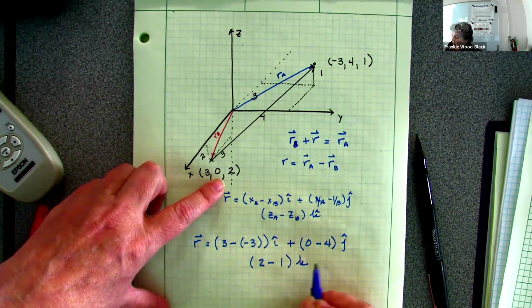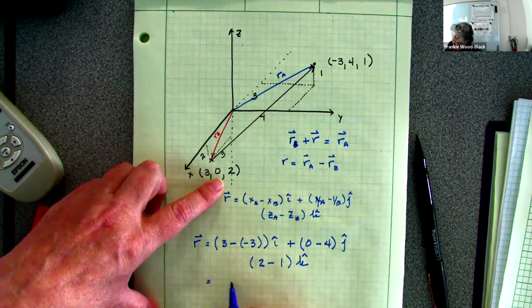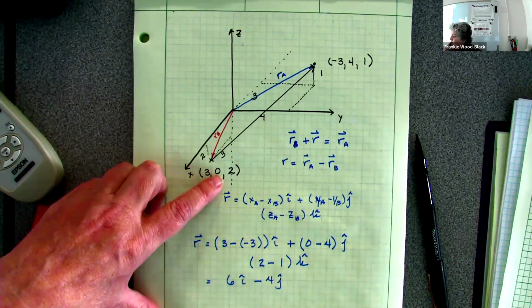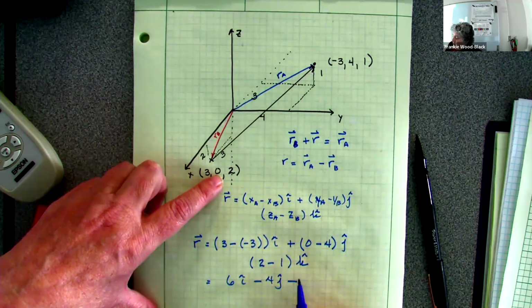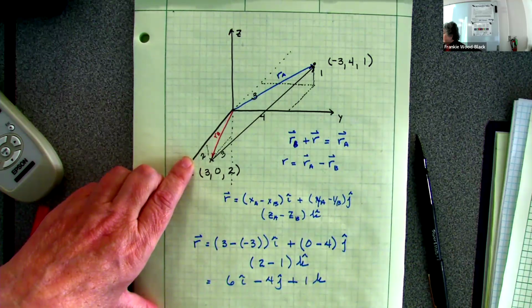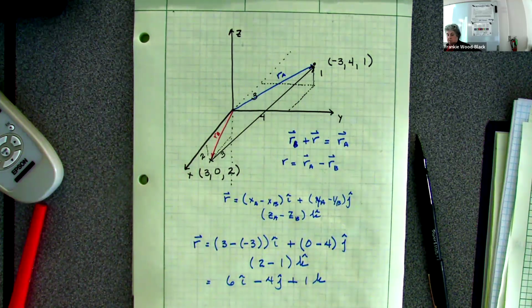So I'm going to get 6i minus 4j plus 1k. Just something to remember.